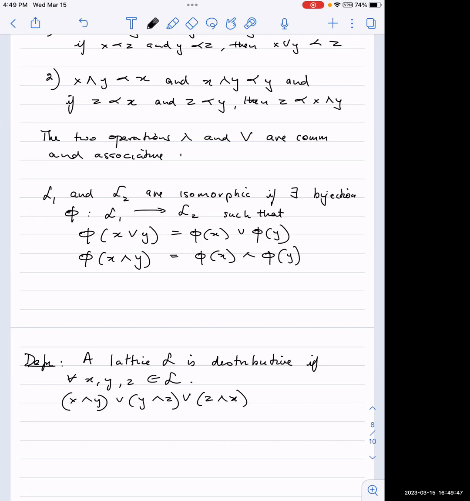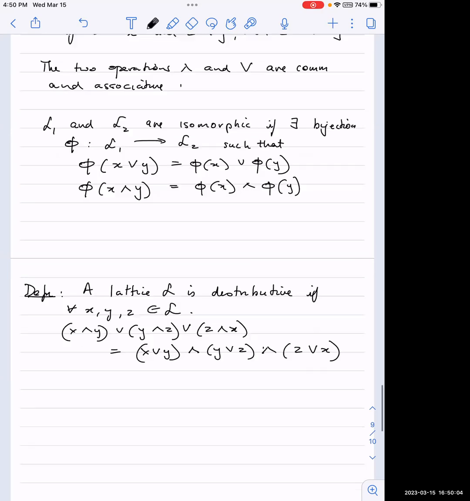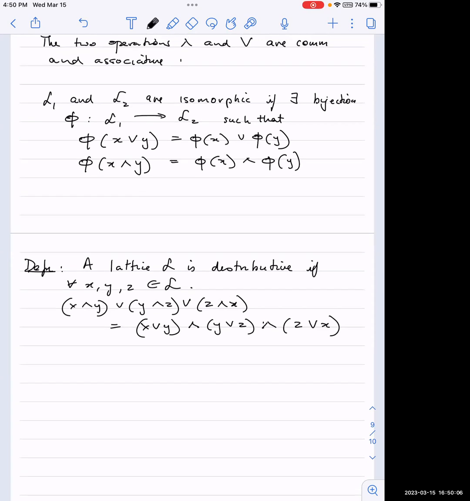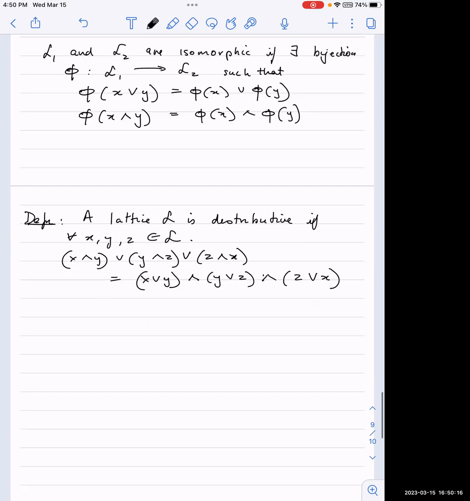So you got all of them there, is equal to X or Y and Y or Z and Z or X. And the reason I wanted this definition of distributive is because antimatroids are a special kind of distributive lattices, right?